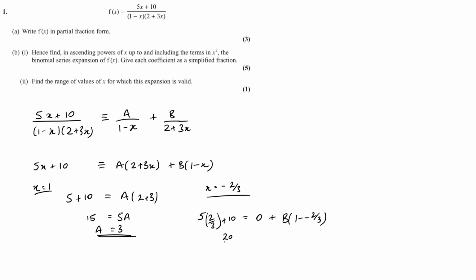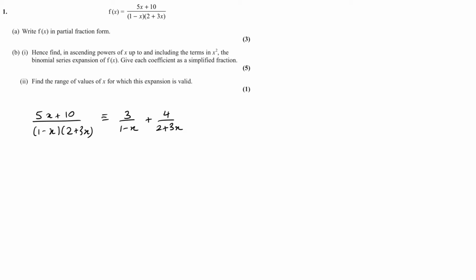So 20 over 3 equals 5 over 3 B. So B is 4. Okay, and then it's always best to kind of put that back into the question. We could pop it up here, so we would have 3 over 1 minus x plus 4 over 2 plus 3x.